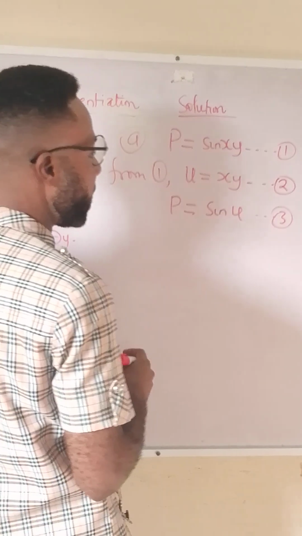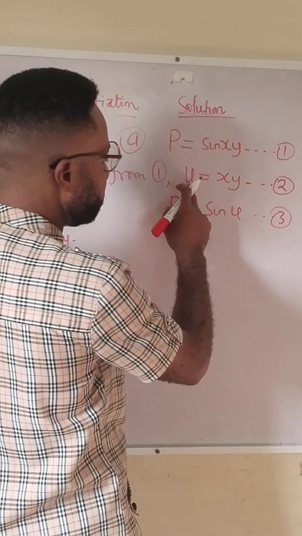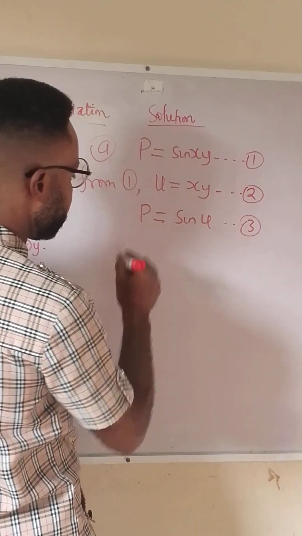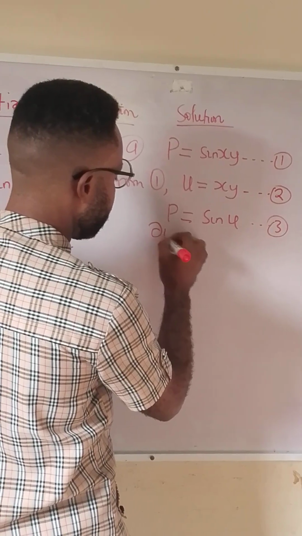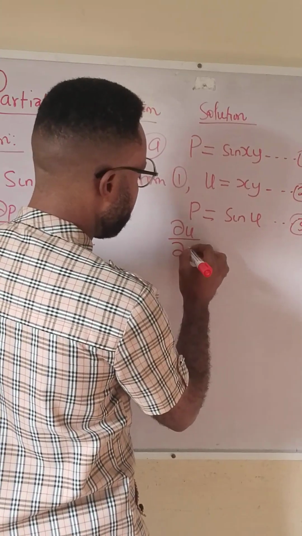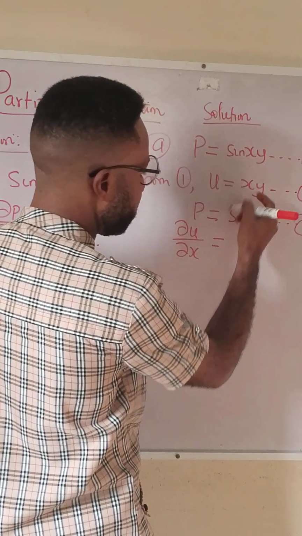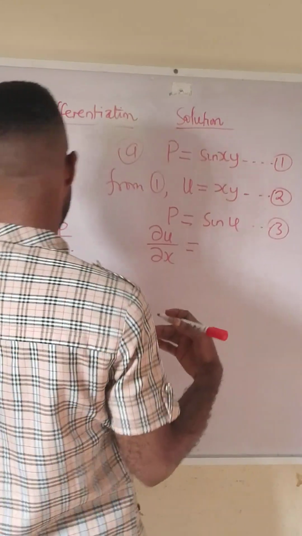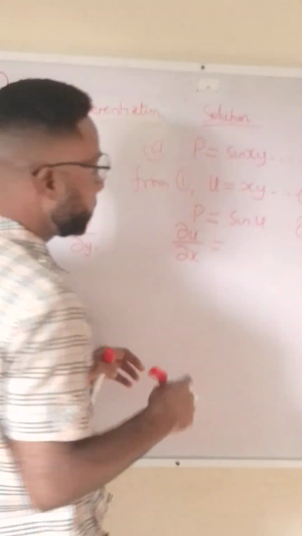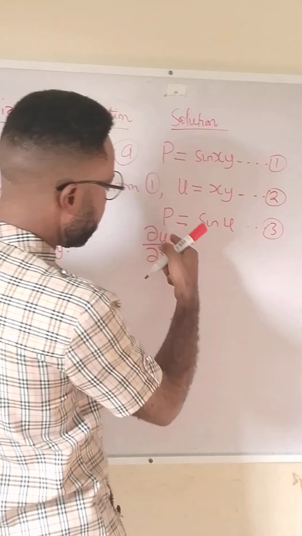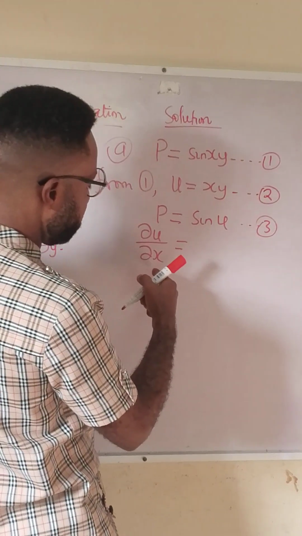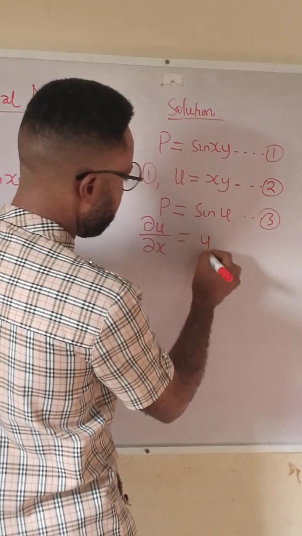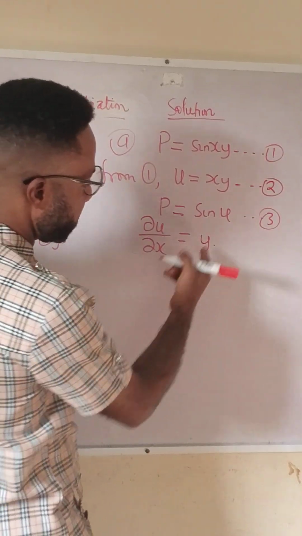The next thing we have to do is to differentiate u partially with respect to x. The partial derivative of u with respect to x is going to give us y. If you are differentiating u with respect to x, your answer will be y. Now of course there is a proof to this.